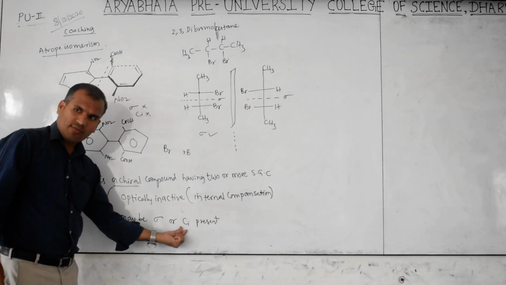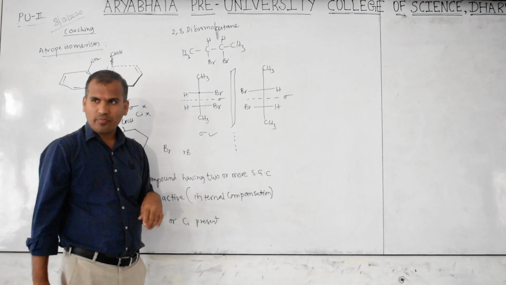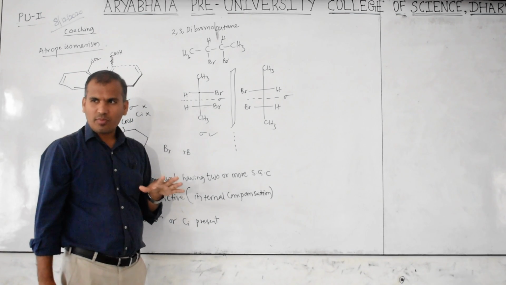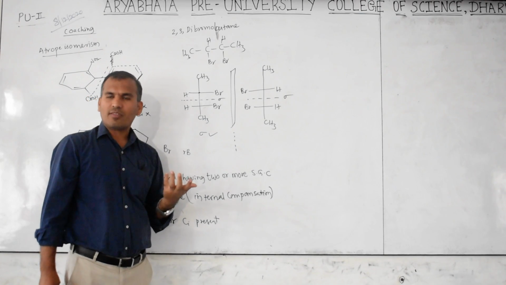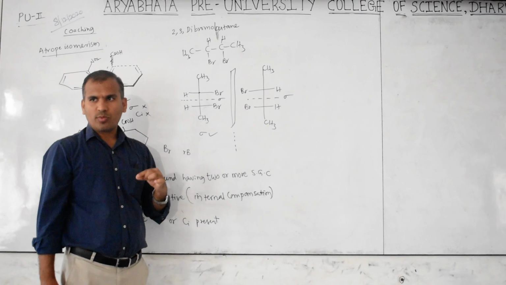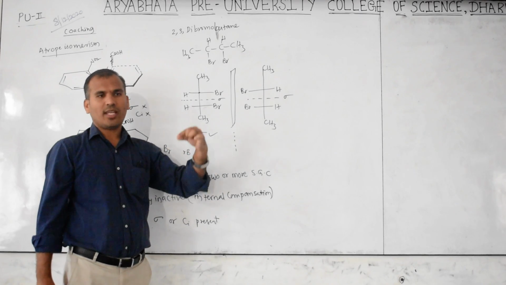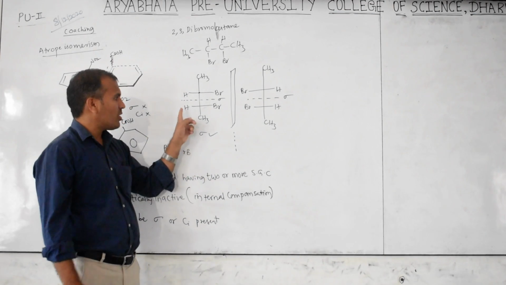So I want to show this one also. Check whether a center of symmetry is present here or not. What is the meaning of center of symmetry? Draw a line from an atom or group through a center and extend the same length to the same atom or group. That is center of symmetry. Here, possible?